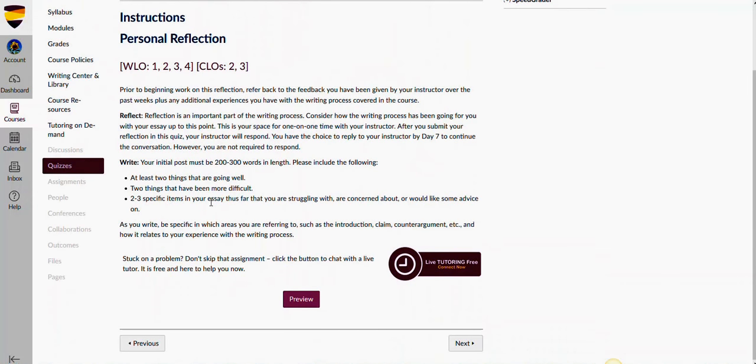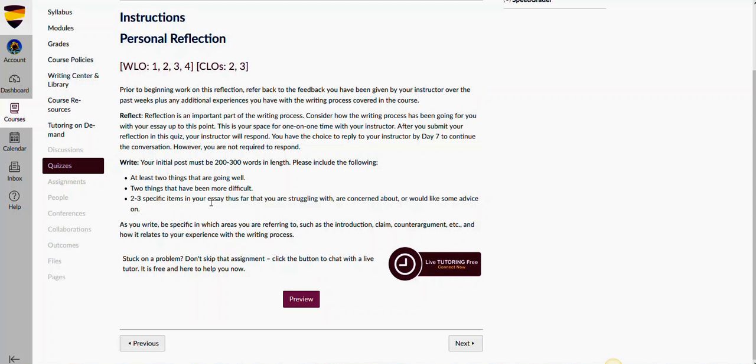It's a personal space for students to have kind of a one-on-one conversation with their instructor. This kind of takes the place of any office hours that we have, but it also takes the place of a formal waypoint assignment submission. But it's a space for students to write about 2 things that they feel are going really well with the writing process in their essay, 2 things that have been a little bit more difficult for them, and then we want them to ask you 2 to 3 specific items that they are struggling with.